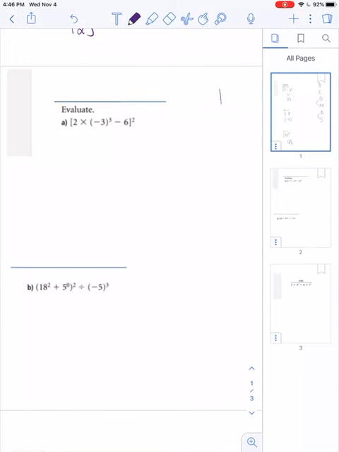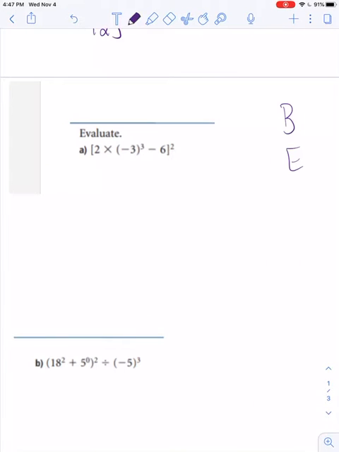Once again, we need to follow priority of operation rules. So we need to follow BEDMAS. So here we have bracket 2 times negative 3 to the power of 3 minus 6, close the bracket, to the power of 2. So we do have a big bracket, and we do have an exponent, a multiplication, and a subtraction.